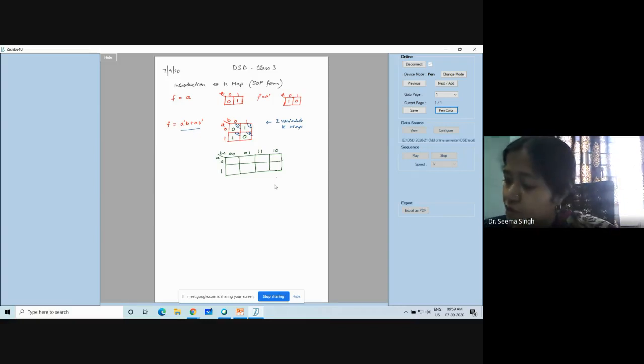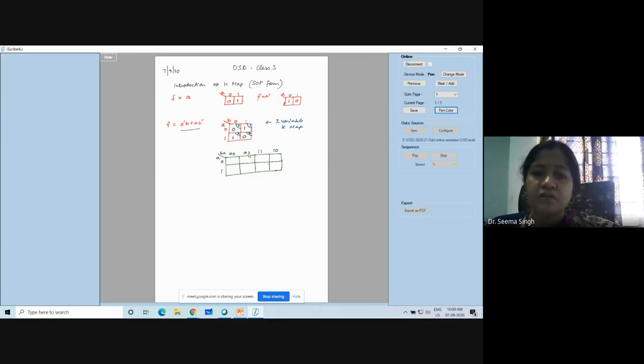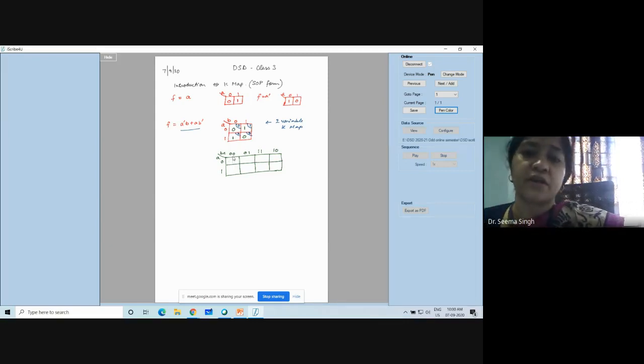So observe 0, 0 and 0, 1: only C is changing from C bar to C. From 0, 1 to 1, 1, B is changing from B bar to B and C remains the same. From this one to this one, B remains the same, C changes from C to C bar. So this is what is important here. You will understand very soon why it is important. And A side is as it is, 0 and 1.